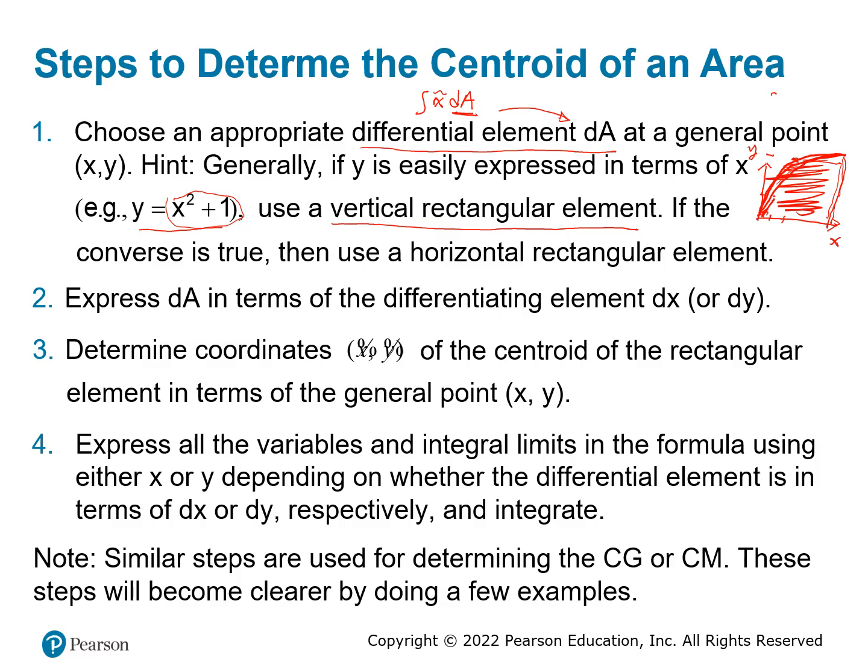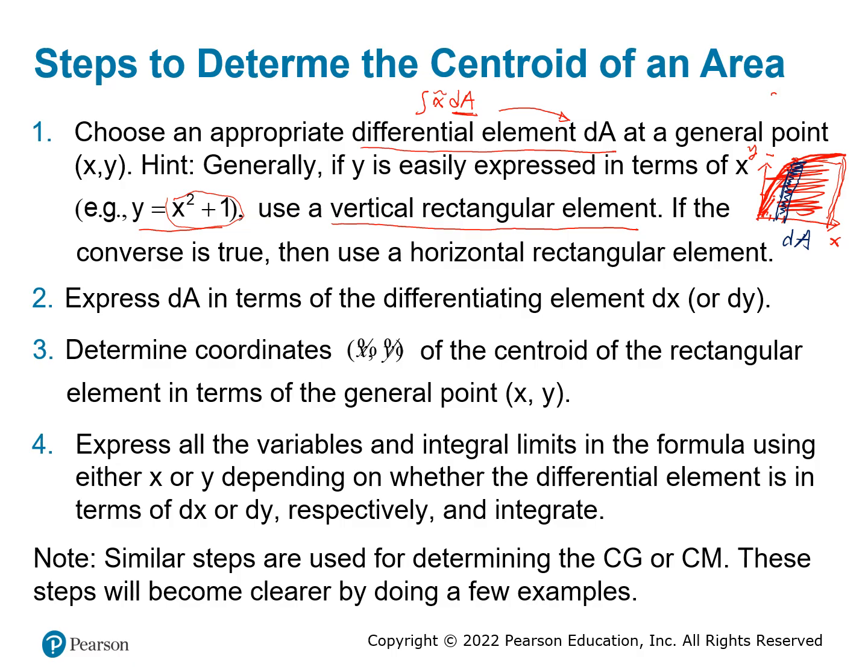If we define the area as a vertical rectangular element, then for each one of the small x, we are going to have a little rectangle like this. This is what we define as the dA. How do we find the area of this smaller region?